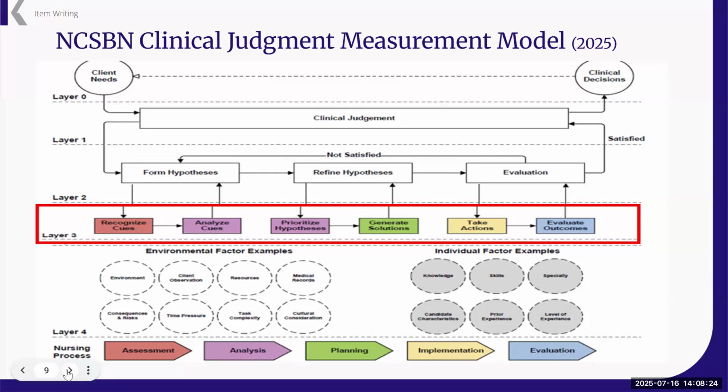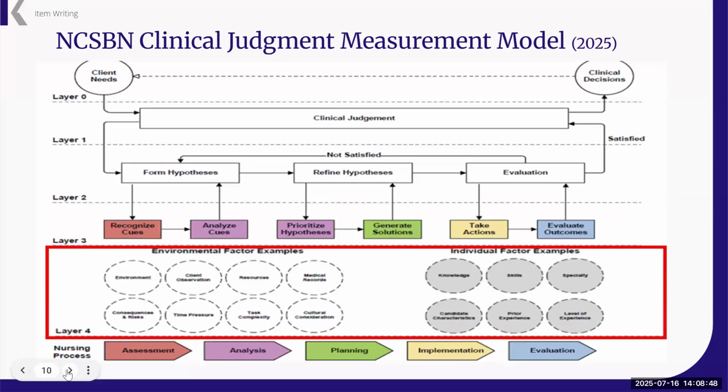These steps are iterative and dynamic, meaning nurses often move back and forth between them as the situation evolves. This part of the model is especially important for item writing and assessment design because it gives us a concrete way to evaluate how students think, not just what they know.